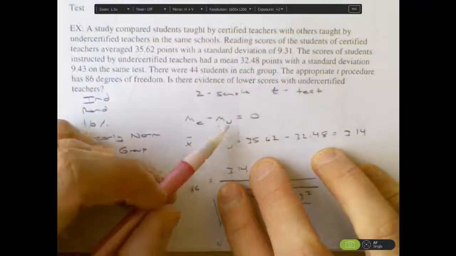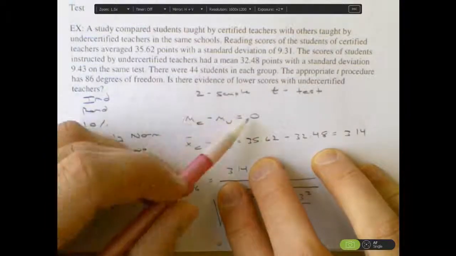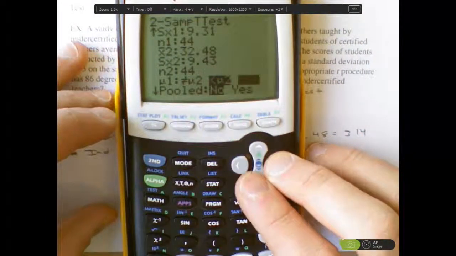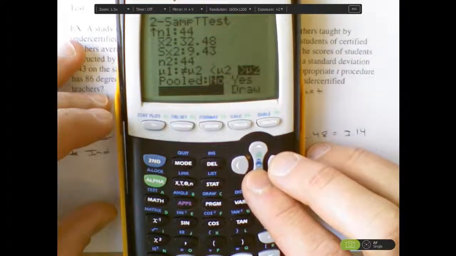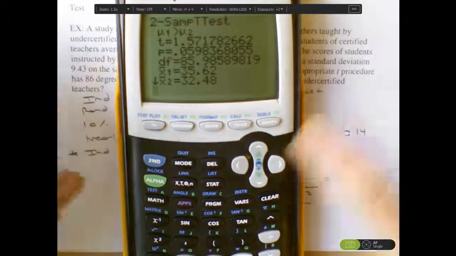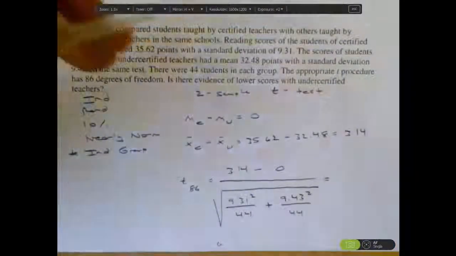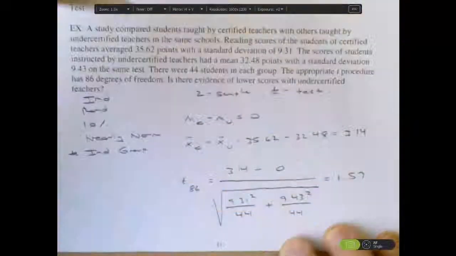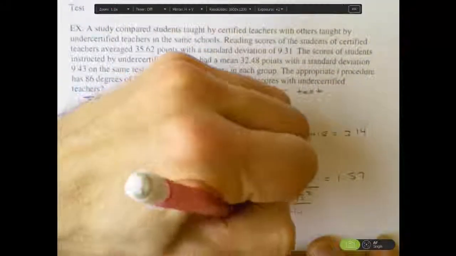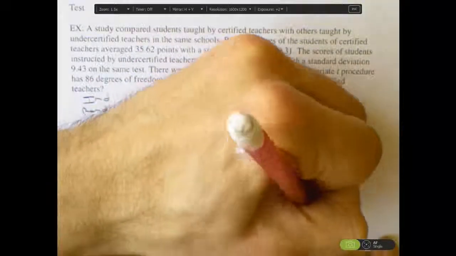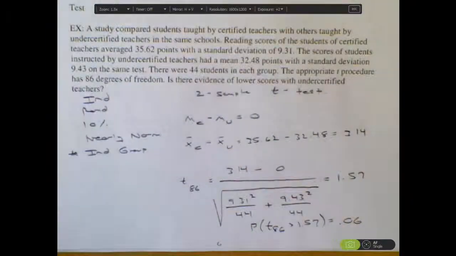So if these scores are lower, then this difference is going to be positive, so the alternative would be greater than 0. And we're not pooling, so calculate. Okay, test statistic 1.57, p-value 0.06. The probability t sub 86 is greater than 1.57 is 0.06. So at our 5% level of significance, we'd fail to reject.